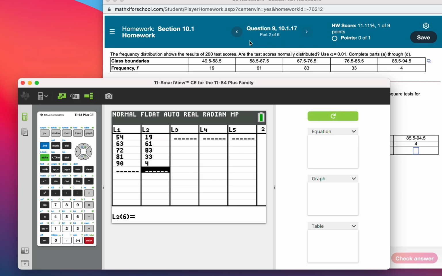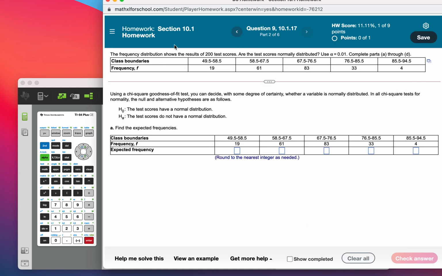Okay, so here is the data. The question is, they want to know if this is a normal distribution. So there's a couple things involved here. First, we have to figure out what the mean and standard deviation is of this set of data so that we can determine if it's a normal distribution.